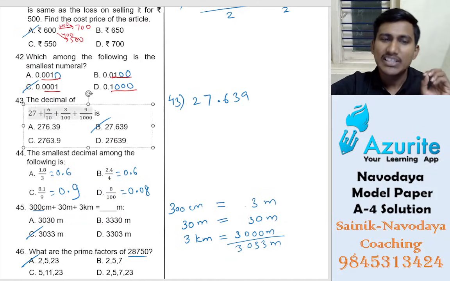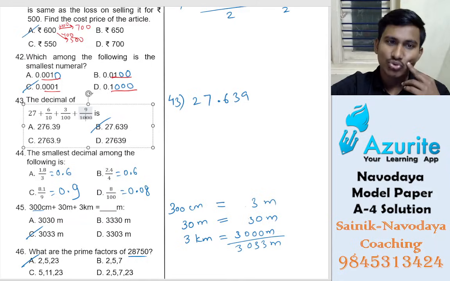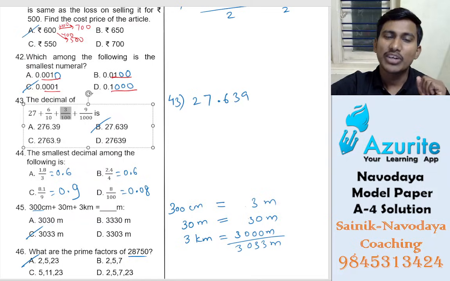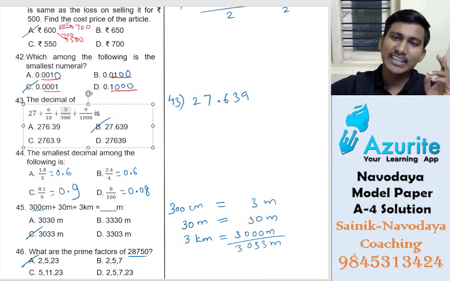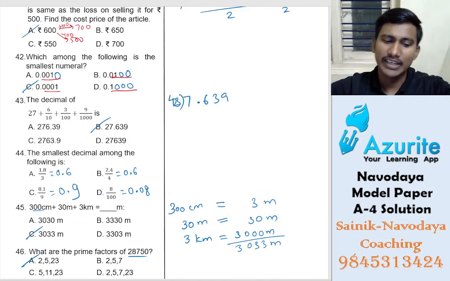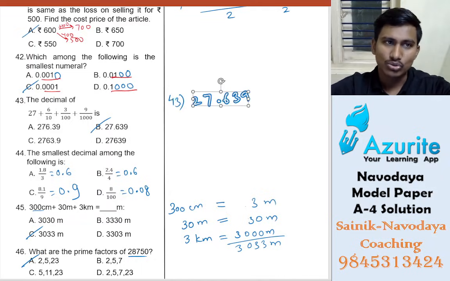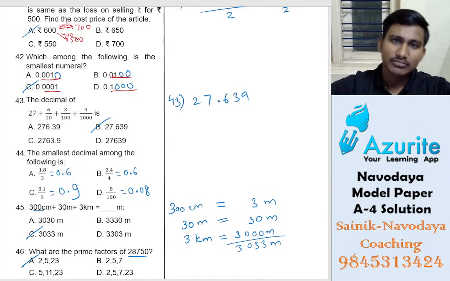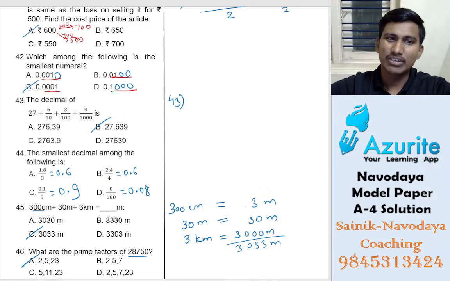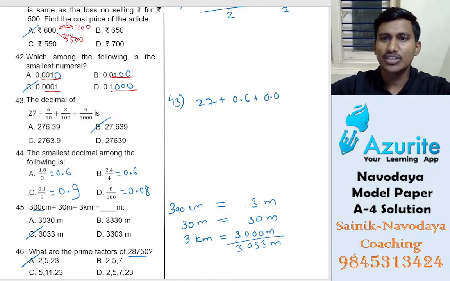That is 27 plus 6 by 10, 3 by 100, 9 by 1000. So here 6 by 10 means 0.6, 3 by 100 means 0.03. So if you want to write that once again, you can write 27 plus 0.6 plus 0.03 plus 0.009.